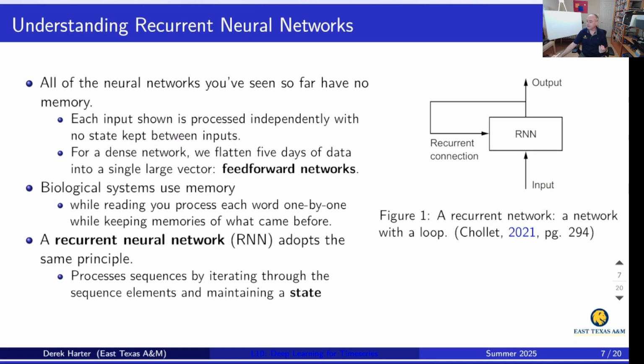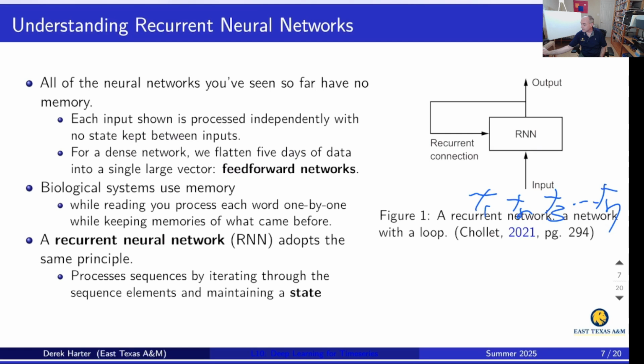A recurrent layer in a recurrent neural network adopts that same process. It's going to process the inputs of a time series sequentially by iterating through the sequence elements, and it's going to maintain a state. Looking over here, think of this as the input for time 1, time 2, time 3, time n for a sequence.